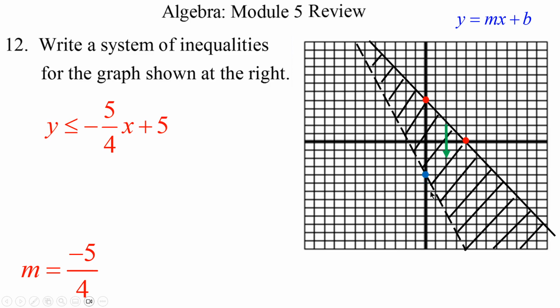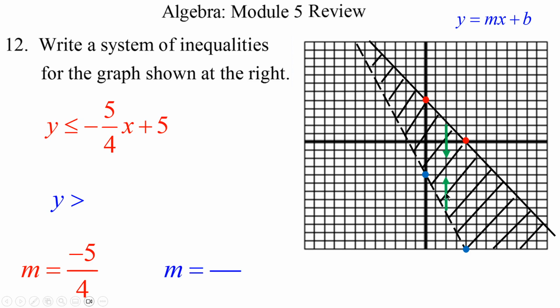So I have a y-intercept, and now I need to pick another perfect point on that. All the way down here, huh? Okay, works for me. All right, so let's start with our y. And we're above a dashed line, so that's got to be greater than. And then I need my slope again.